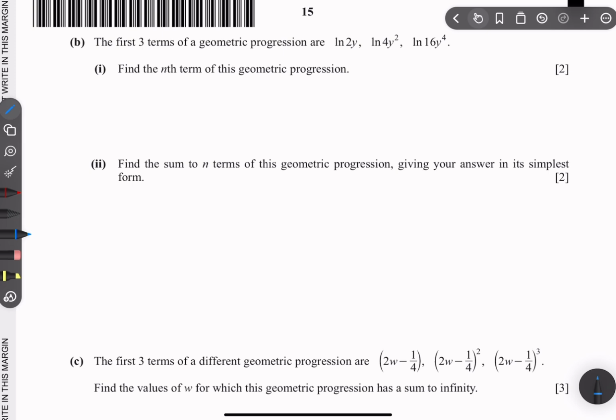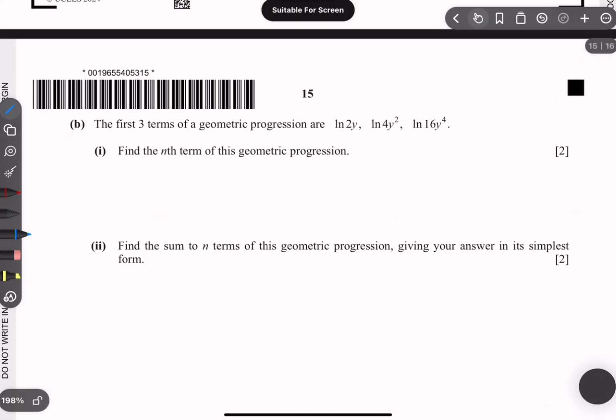So for geometric progression, the nth term formula is a r to the power of n minus 1. And as always, a equals ln y, as it is the first value of the progression. And to find r, which is the ratio, we can take the second value divided by the first.